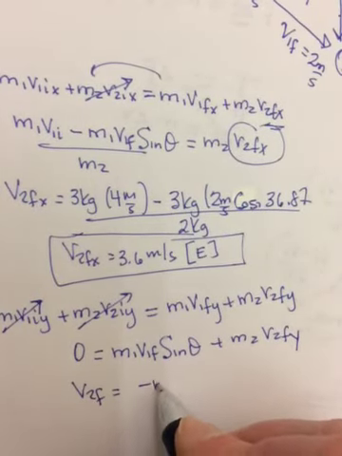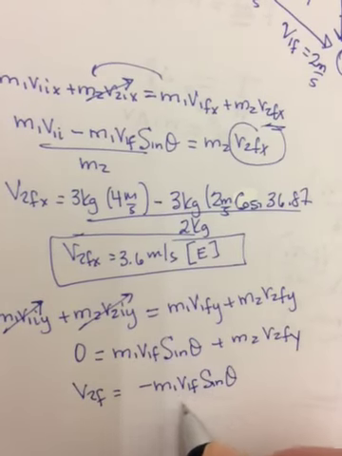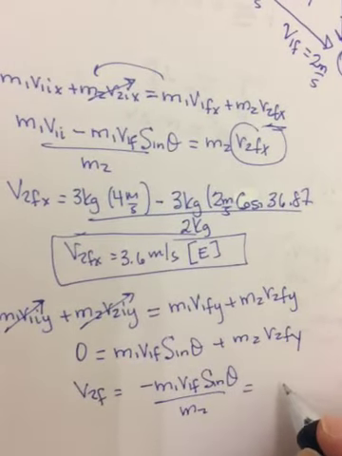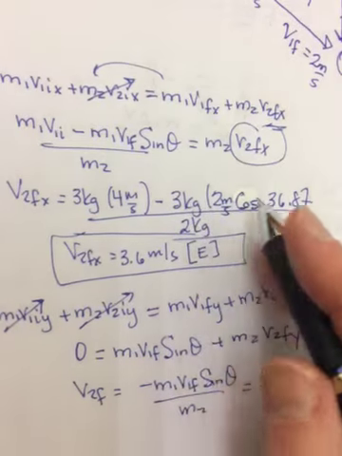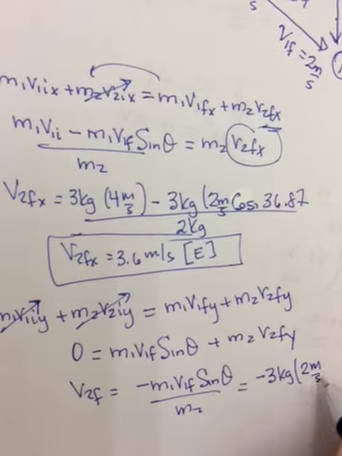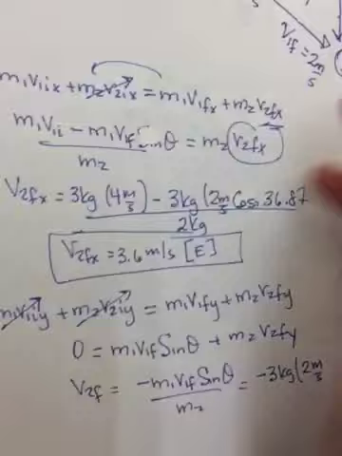Okay, so take it over. V2Fy will be equal to negative M1 V1F sine, for real this time, sine, over M2. M1 was 3 kilograms, so negative 3 kilograms. V1F was 2 meters per second. And, sorry, just fixing that too.